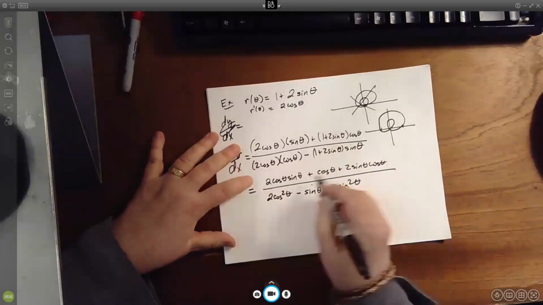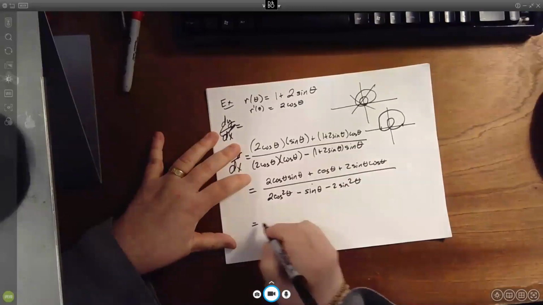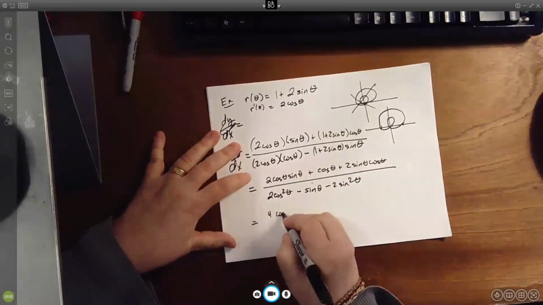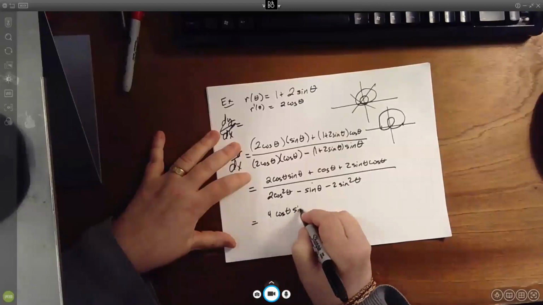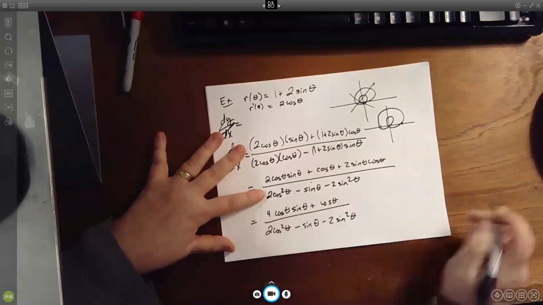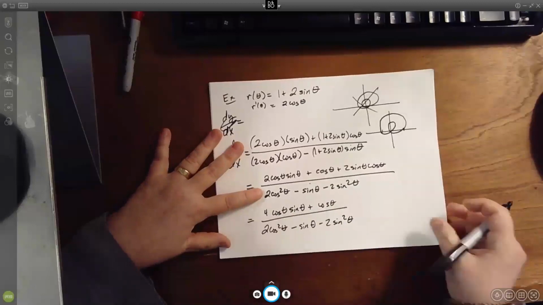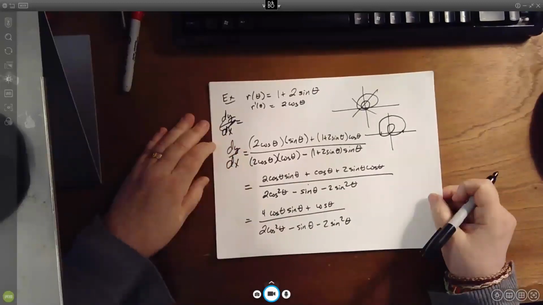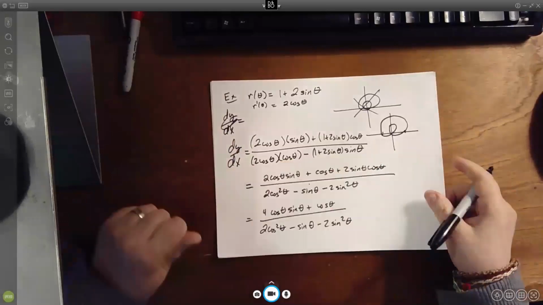So I have 4 cosine theta sine theta plus cosine theta all over that. Okay, so we have the derivative, the slope of this curve at any theta.